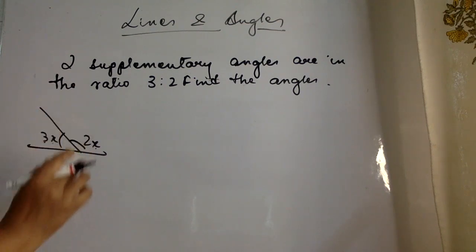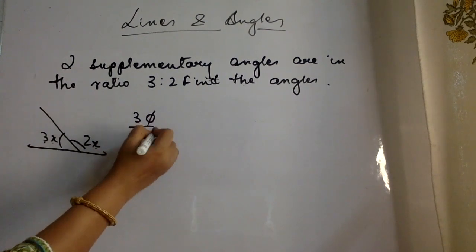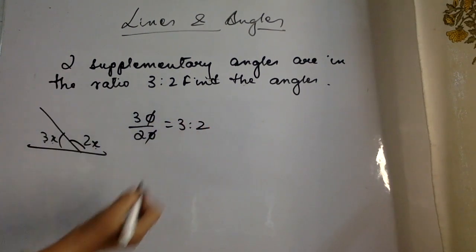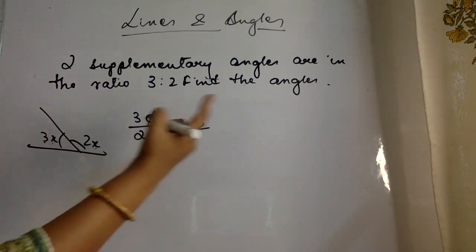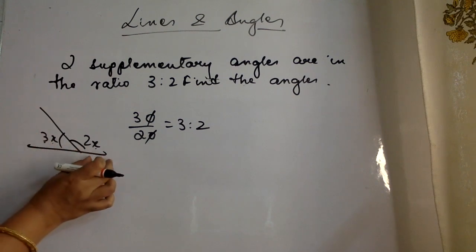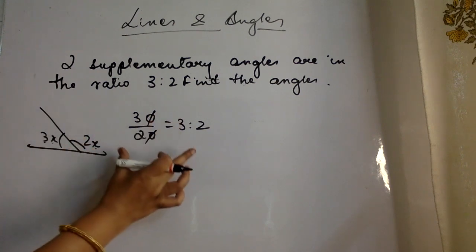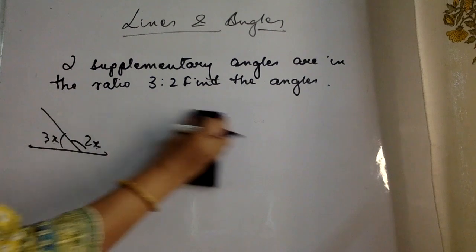Remember, supposing it is 30 by 20, then it becomes a 3:2 ratio. But now since we are going to equate it to 180, we must multiply and get back the original degree here, because only degree can be equated to degree. Let's see what I am talking about here.